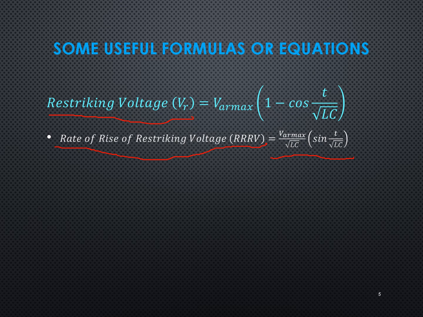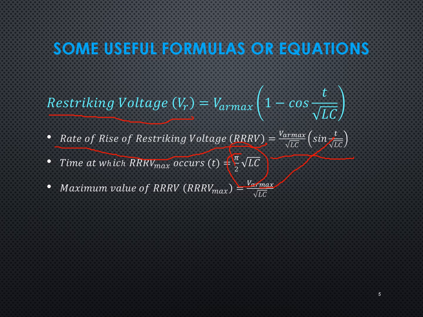In which condition will the rate of rise of restriking voltage be maximum? When t is equal to pi by 2 root LC. If you replace t here, the maximum rate of rise of restriking voltage is equal to VAR max by root LC.